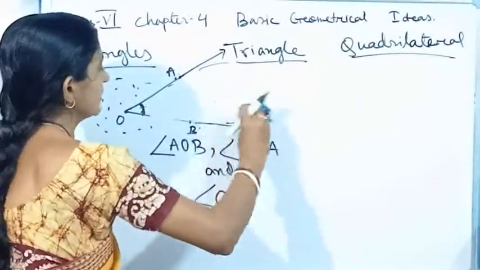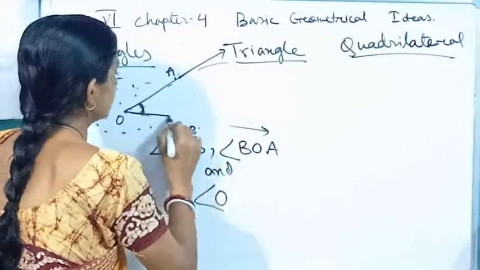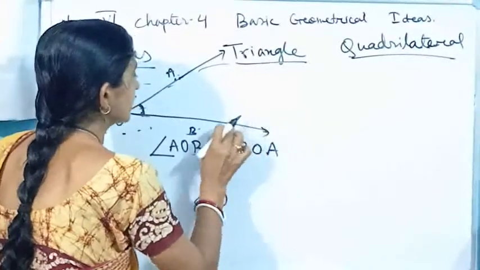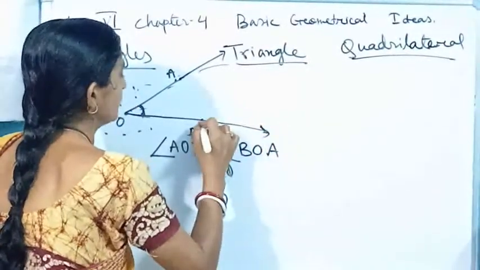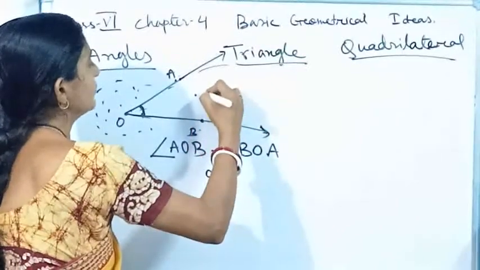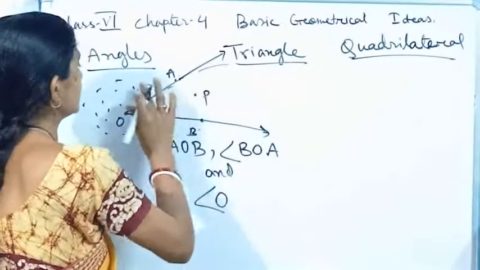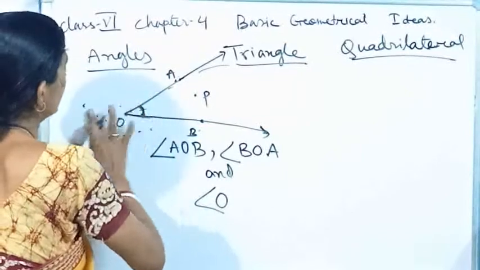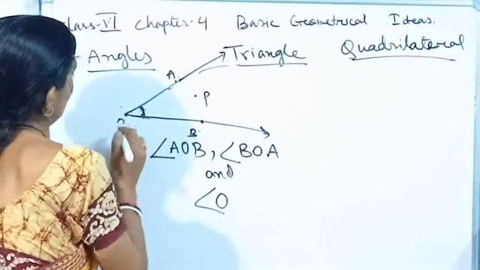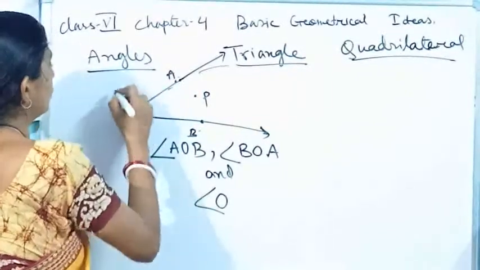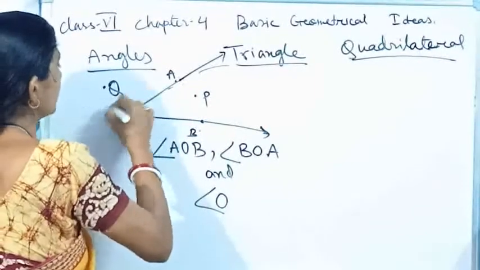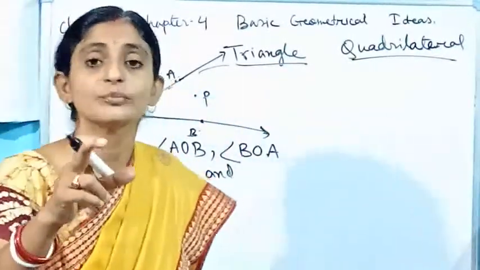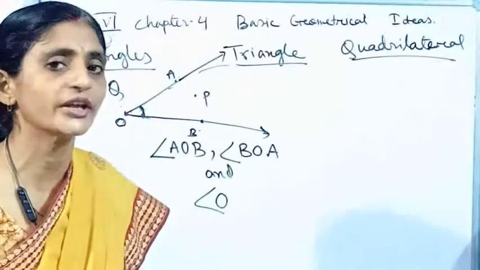Now suppose one point has been given over there. I have marked a point here, let it be P, and one point on that side, let it be Q. Can you tell me which point lies in the interior of this angle?